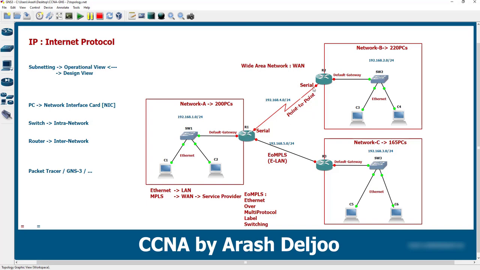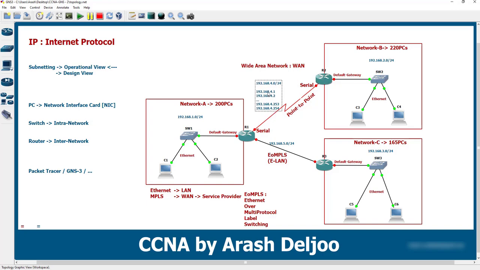Why? Look at here, between router 1 and router 2, we have only two interfaces, the interface of router 1 and the interface of router 2. This is a point-to-point link. Here we don't have, and we will not have, any other IP address. But as you can see, 192.168.40.0 has many IP addresses, for example, starting from 192.168.40.1 to 192.168.40.2, and after that, again up to 192.168.40.253 and 192.168.40.254.